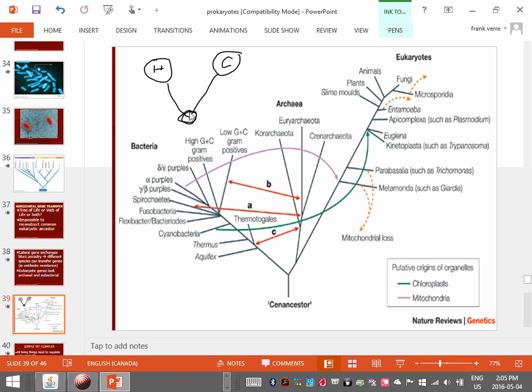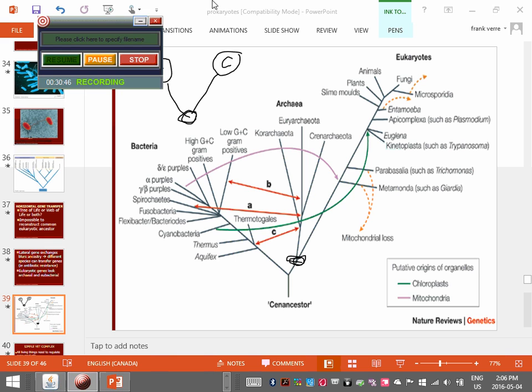What's that process when something splits and becomes new species? It's called speciation, right? But we think of one thing. When you think of the common ancestor that gave rise to eukaryotes, it's not one thing. It's many things that contributed to it. Okay? So that's it for prokaryotes. I hope I confused the hell out of you guys.